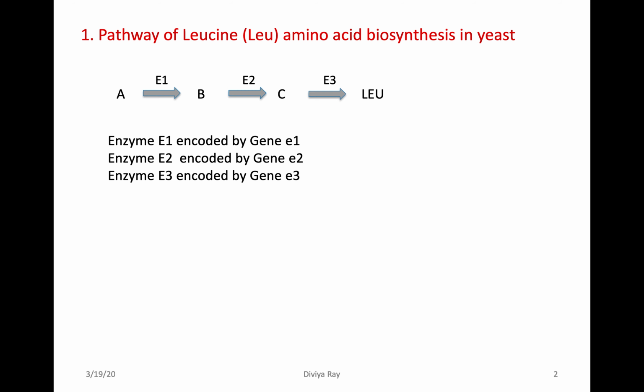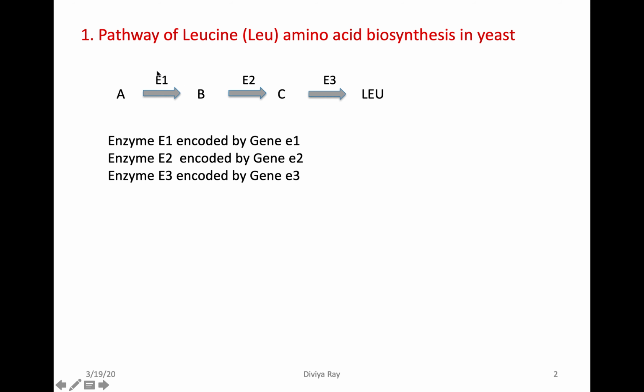Let us say you are looking at the pathway that leads to the synthesis of the amino acid leucine in yeast. Remember, yeast is a eukaryotic cell. When you look at this hypothetical pathway in the yeast, you realize that A is converted to B, B to C, and C to leucine.